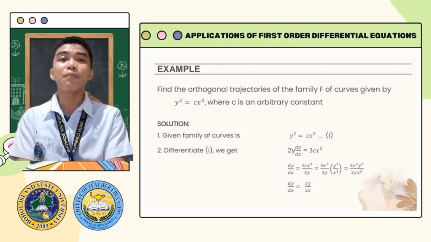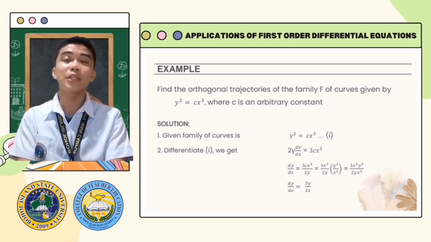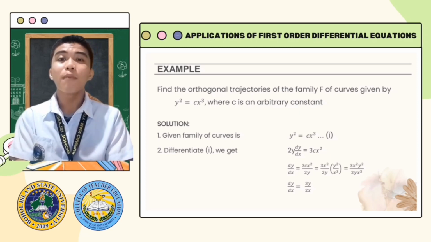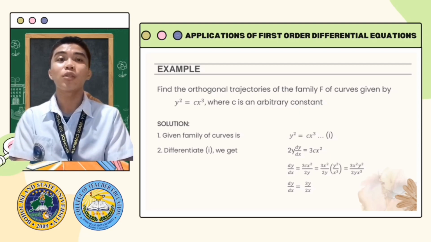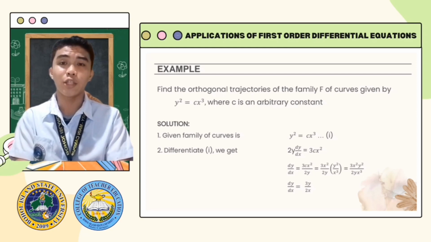Simply solve for c in the equation y squared is equal to c x cubed by dividing both sides of the equation by x cubed. We get our value of c, which is equal to y squared over x cubed.